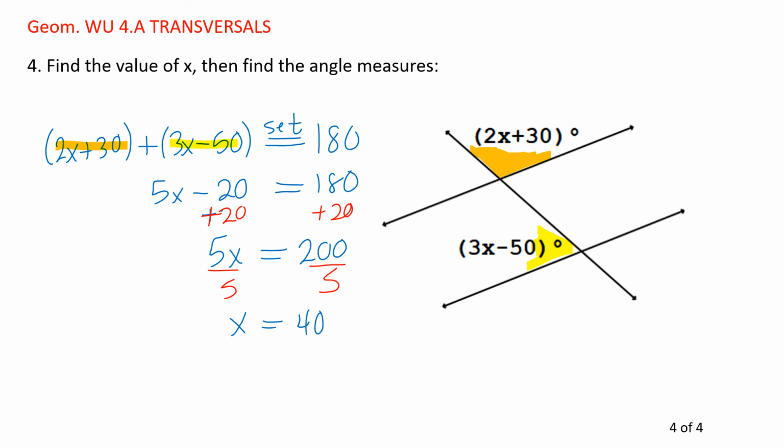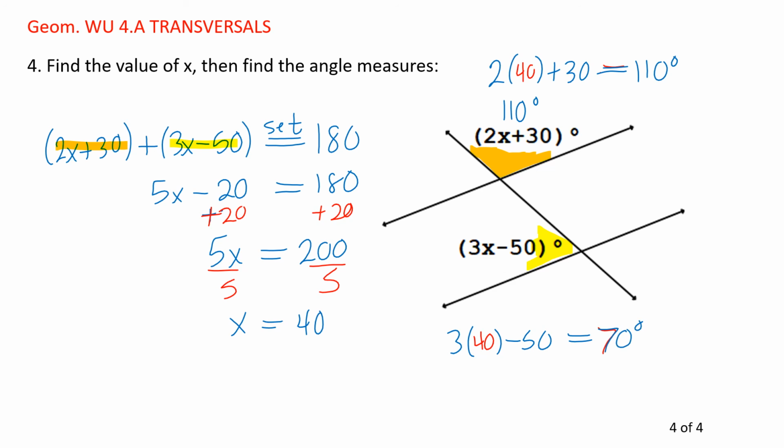Of course, that's not the official answer. Plug it back in to make sure your answer makes sense. This is 110. And it does look like it could be a 110 degree angle. That means this better be a 70 degree angle. I'm just going to plug in 40. And I get 70. And that's that.